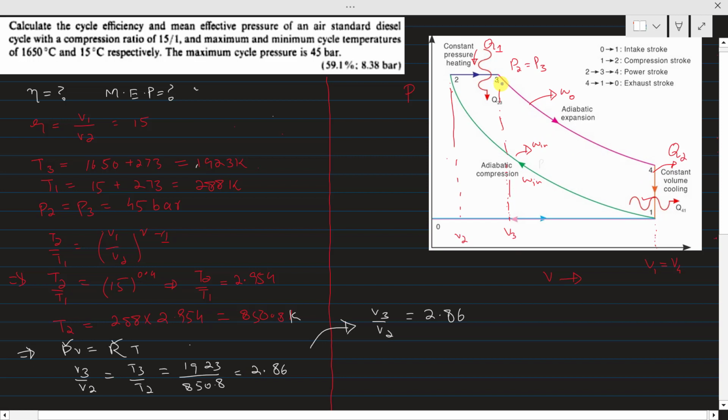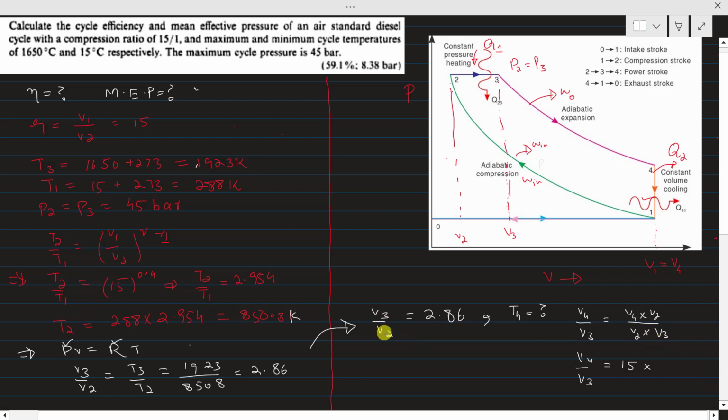T3 is already given and T2 is determined, and T4 needs to be determined. V4 is basically equal to V1. So V1 divided by V2 is equal to 15. So I can write that V4 divided by V3 is equal to 15 multiplied by V2 by V3.